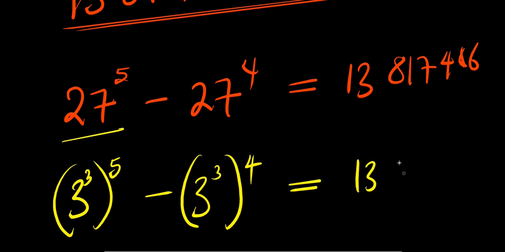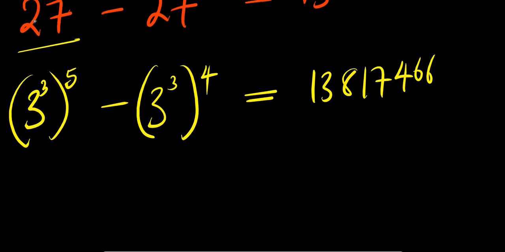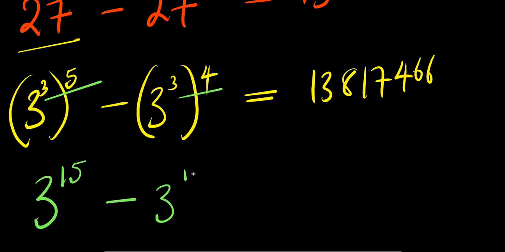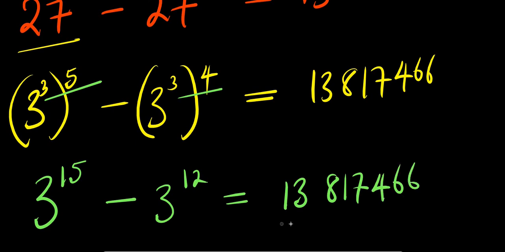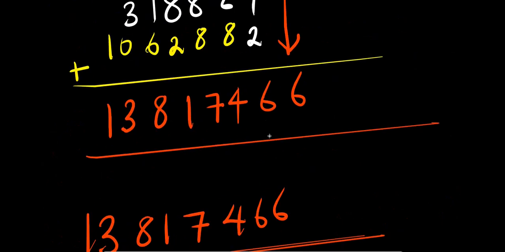This will give you the same 13,817,466. If you multiply the exponents, you have 3 power 15 minus 3 power 12 equals 13,817,466. So guys, this is it.